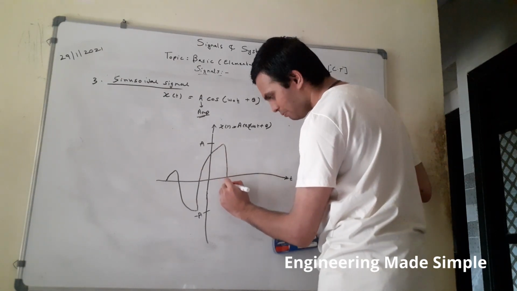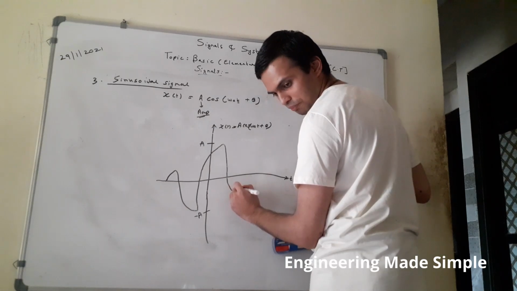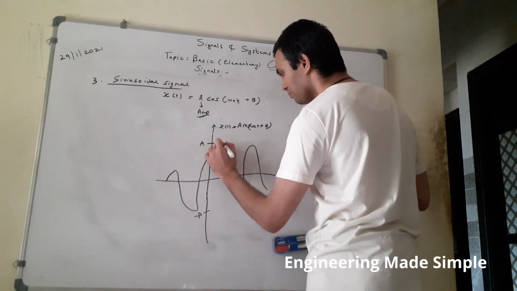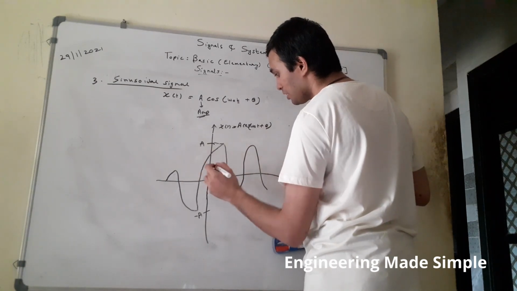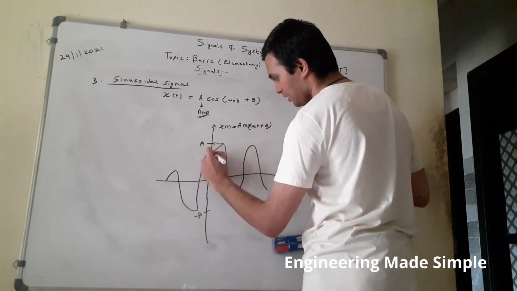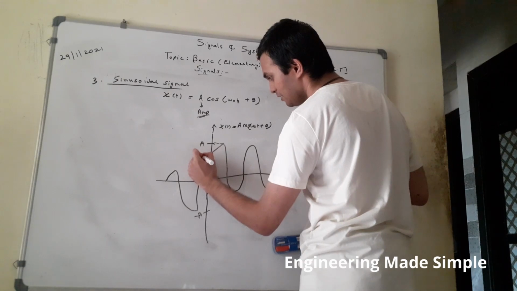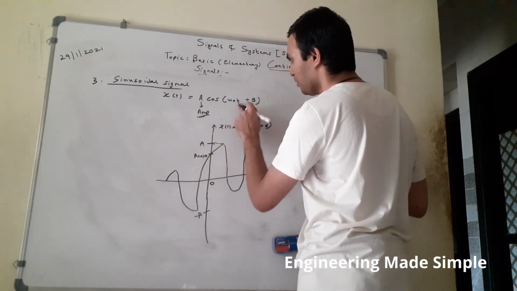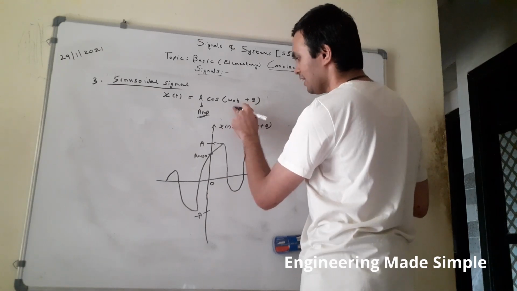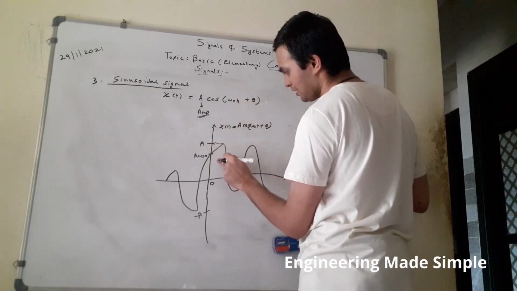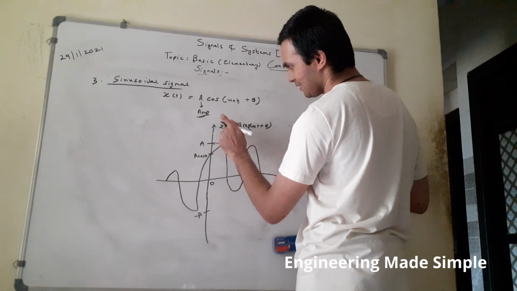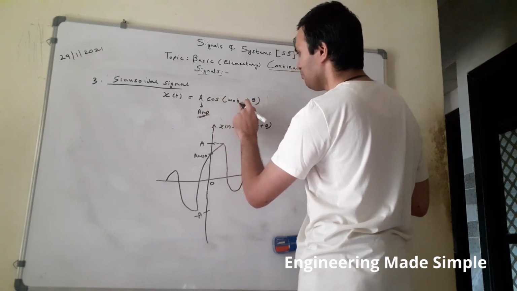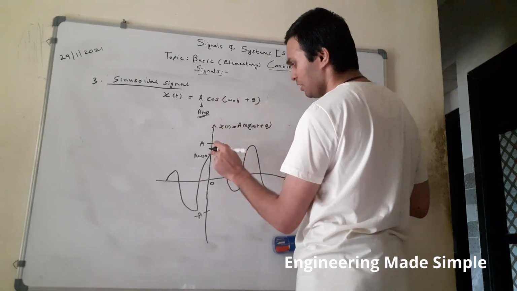I am a little bit bad at drawing, but your shape should be perfect for a sinusoid. So this would intersect at a cos theta, because you can see here time t is equal to 0. So when I put time t equal to 0, which is your y-axis, a cos omega naught t plus theta becomes cos 0 plus theta, which is cos theta.